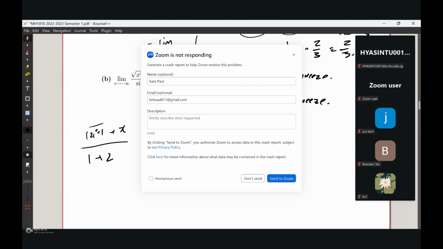So let's take the limit of square root of x squared plus 1 plus x as x approaches negative infinity. For this, if you substitute, you won't get anywhere. You have square root of infinity minus infinity, which is an indeterminate form.